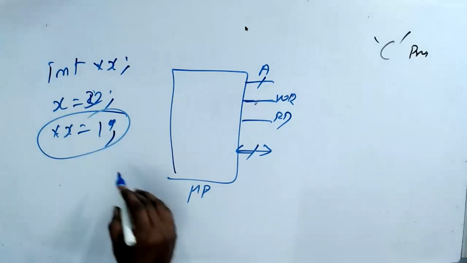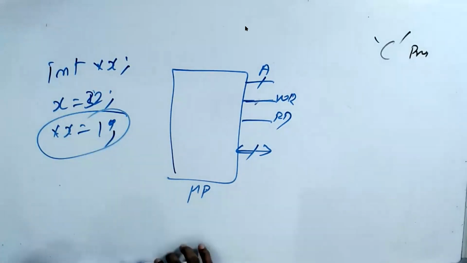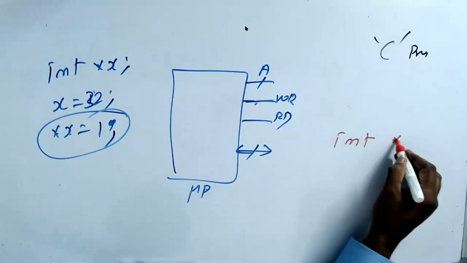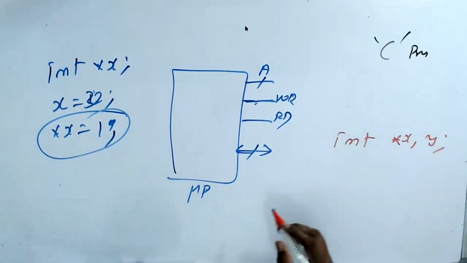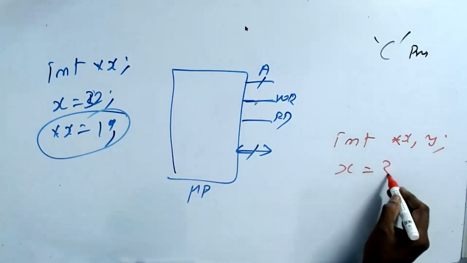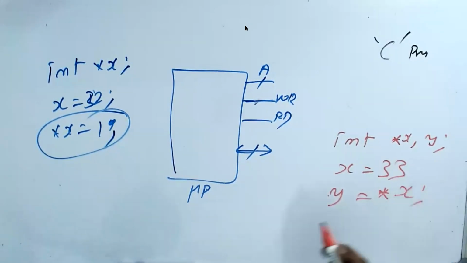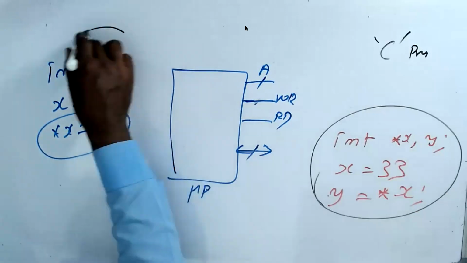This is output. Same thing if I write: int *x, y; x = 33; y = *x. Now you are taking the input. Am I right? That is all about input and output.